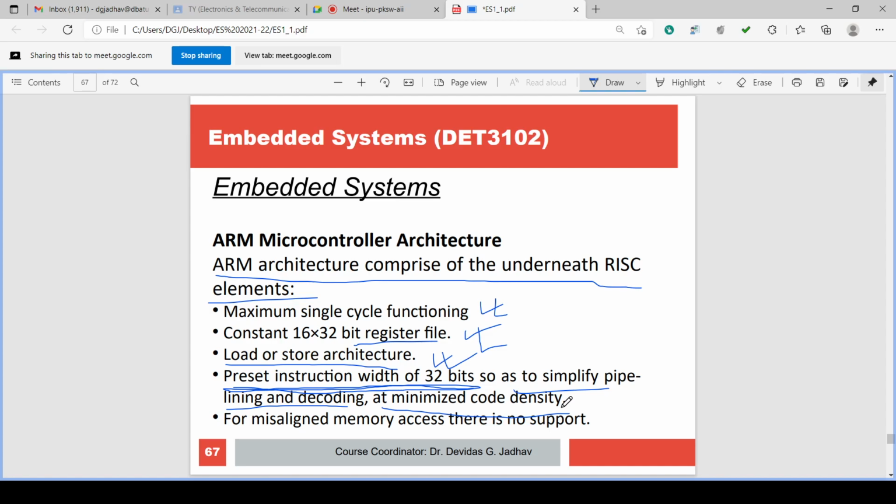Whenever there is an execution of the program, whenever there is a run of the program, what is happening in the microcontroller or microprocessor? It is fetching the instruction and fetching the data.